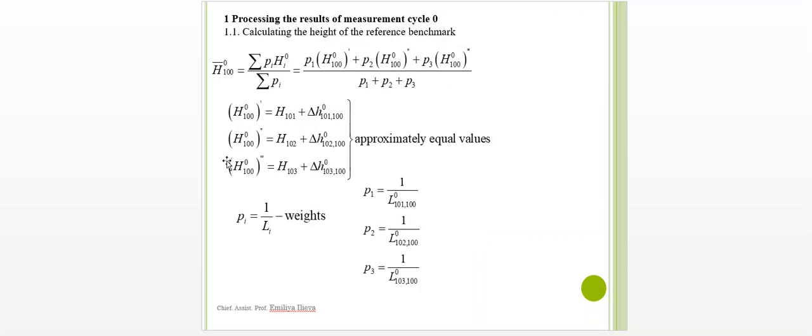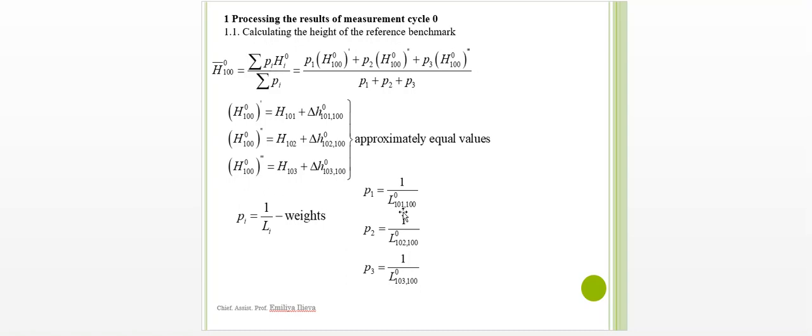So after that, according to these three different values for our initial benchmark, we are going to calculate the average one. But all of these three types of measurements are with different accuracy. And you know that when we talk about a leveling line, the accuracy depends on the length of our leveling line.